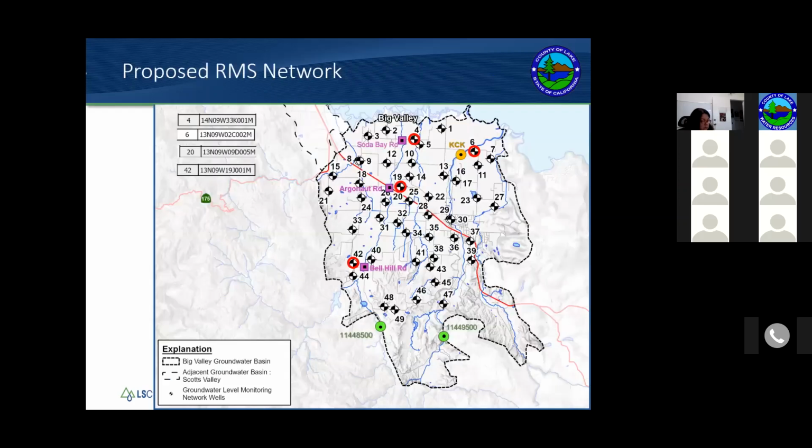Typically for groundwater surface water depletion, you need two metrics side by side to monitor for depletion conditions.